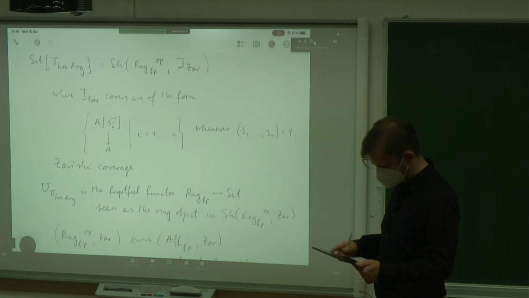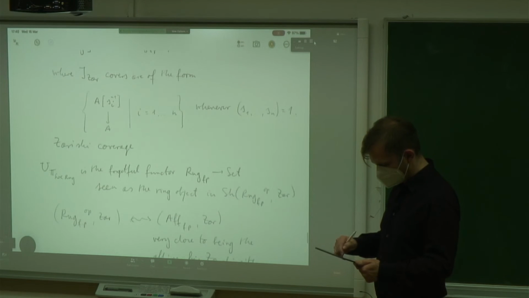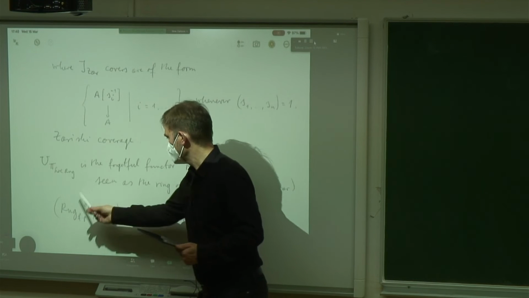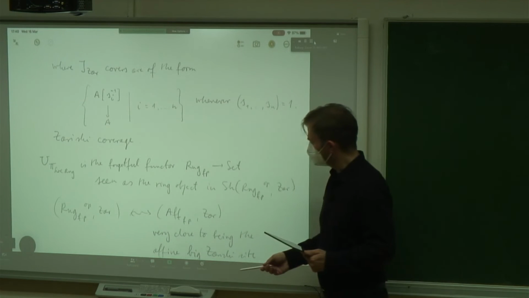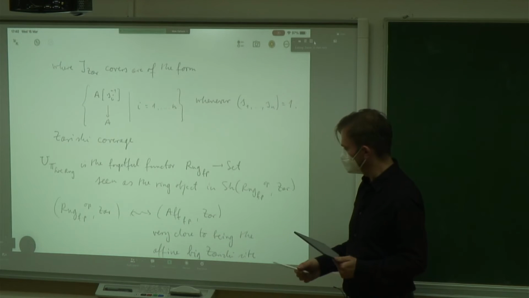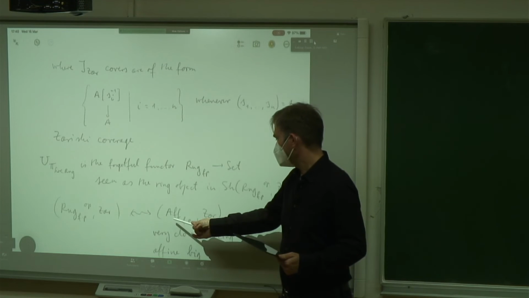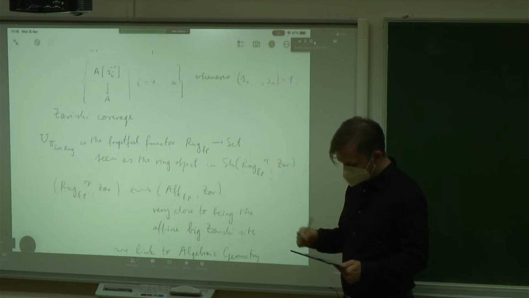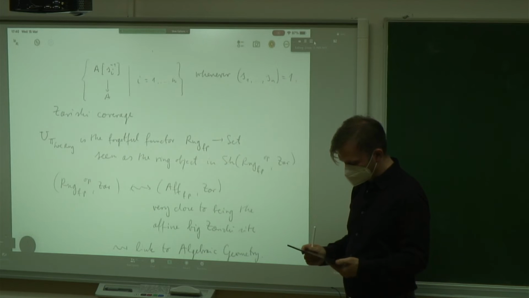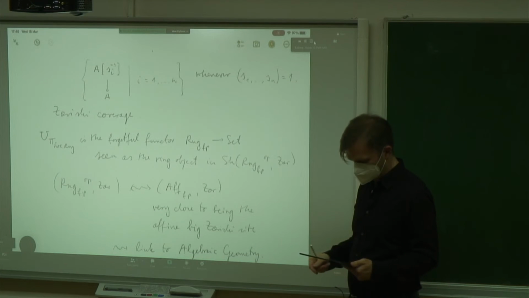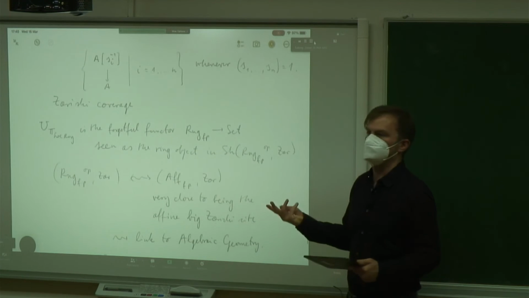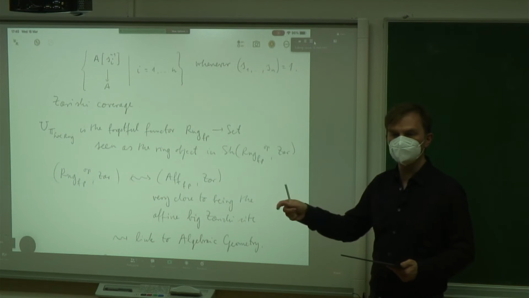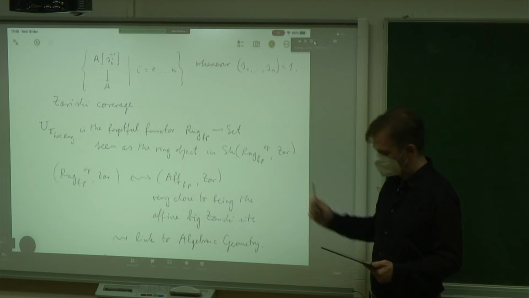But this can be done. And as I already said, this site should really be thought of as affine finitely presented schemes with Zariski coverage, which is very close to being the affine big Zariski site, which is naturally considered in algebraic geometry. So there are big sites and small sites, and this is the big version.